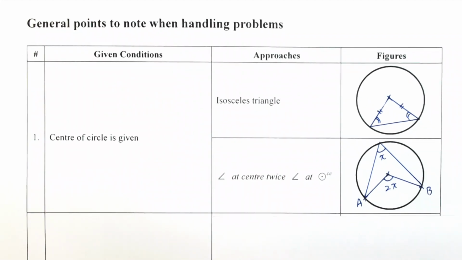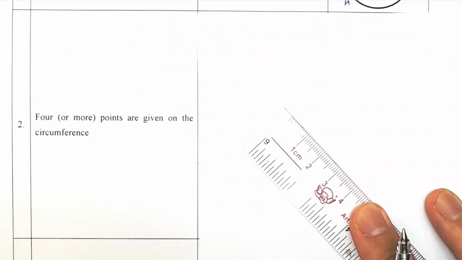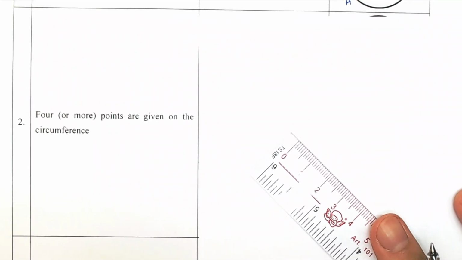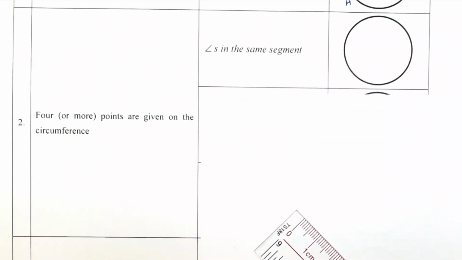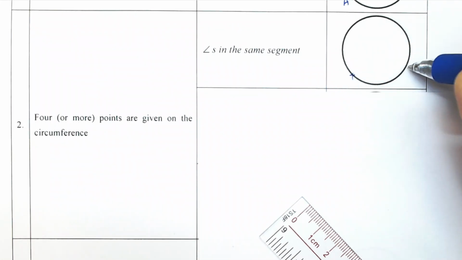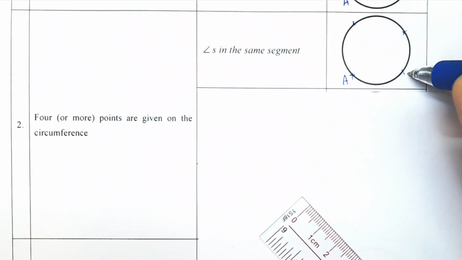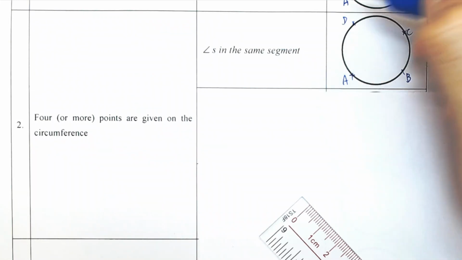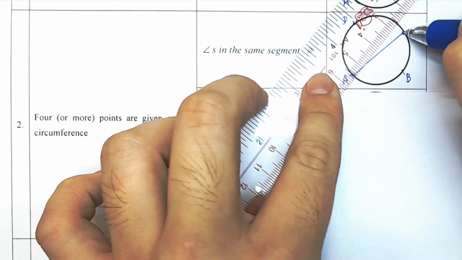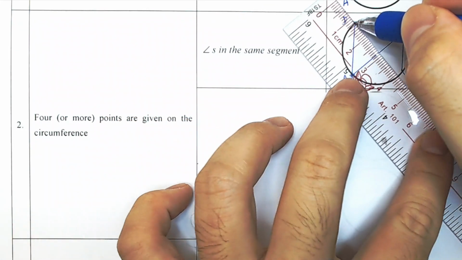Number 2, when 4 or more points are given on the circumference, you may think of the following. Number 1, angles in the same segment, because when there are 4 points like A, B, C, D, you will have, say, angle ACB is equal to angle ADB.